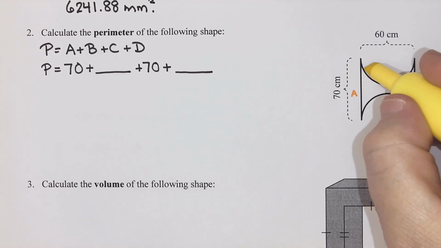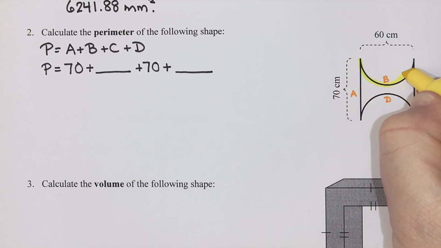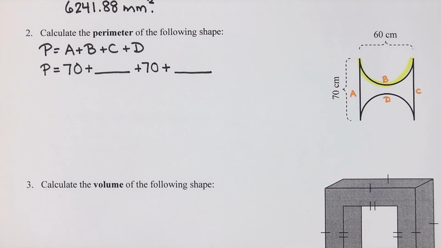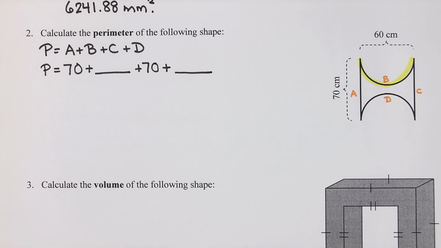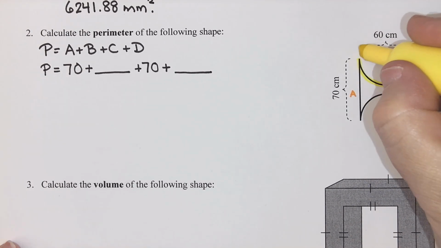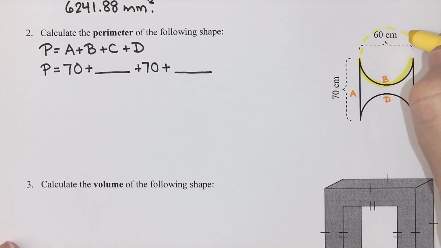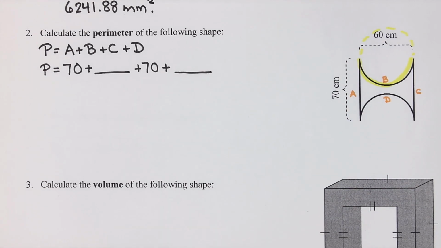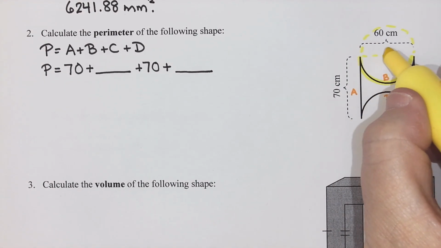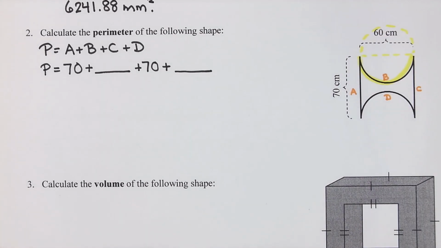Let's start with B. So B appears to be a part of a circle, and I believe that it is half of the circle, that we have the bottom half of the circle there. I know that going across the circle is 60 centimeters, so that would be the diameter of my circle.